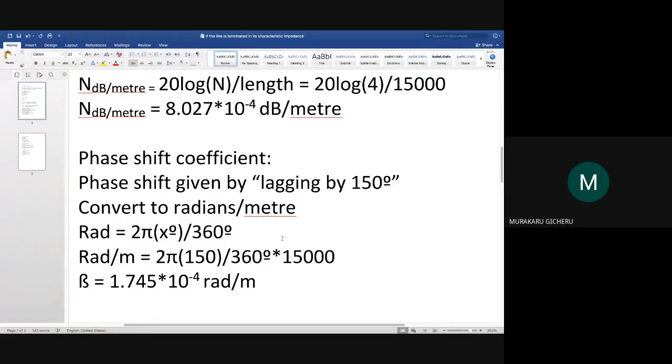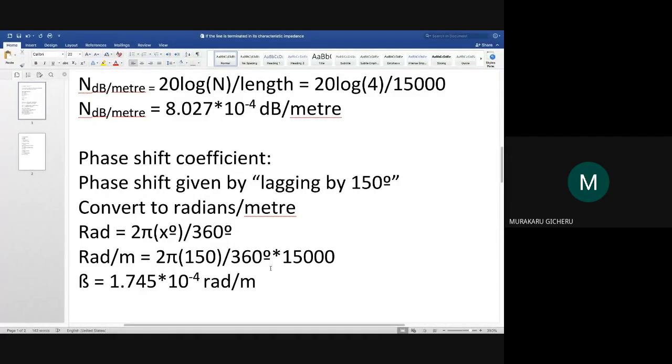For this part, all you'll do is convert this lag to radians, and then make it per meter, because that's the unit in which the phase shift is given. To convert an angle in degrees to radians, it's 2 pi times the angle divided by 360 degrees, or pi times the angle divided by 180.